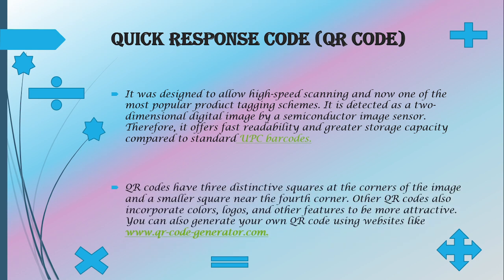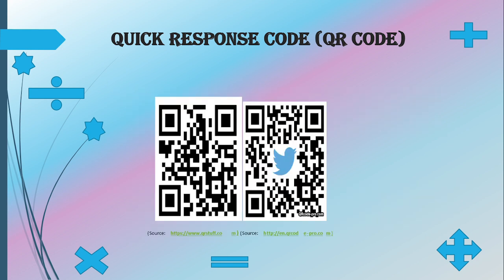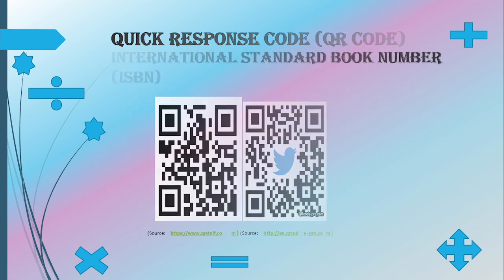QR codes have three distinctive squares at the corners of the image and a smaller square near the fourth corner. Other QR codes also incorporate colors, logos, and other features to be more attractive. You can also generate your own QR code using websites. So this is an example of a QR code.